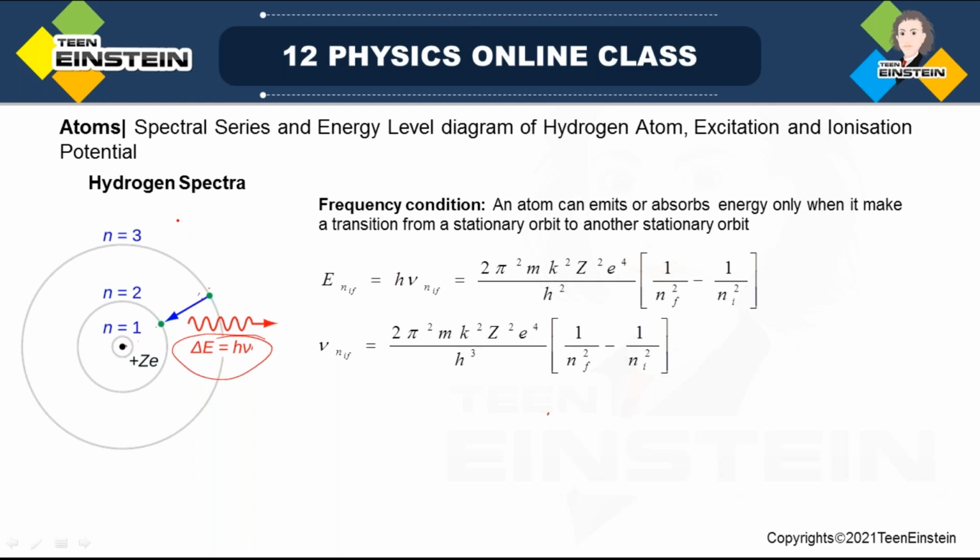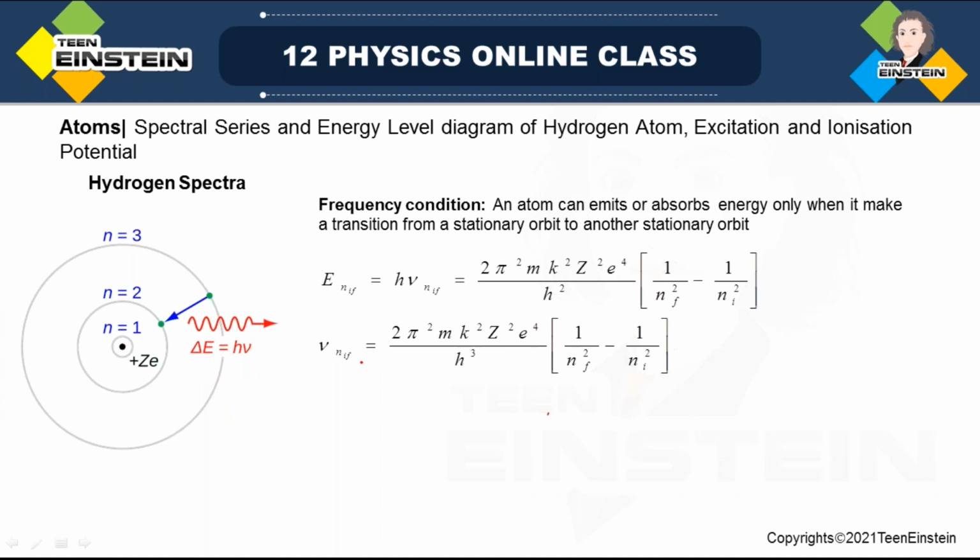Even if we just consider higher orbits, then n equal to 4 to 1, 4 to 2, 4 to 3, again 3 to 2, 3 to 1. So there are various possibilities, and we have many such discrete lines.